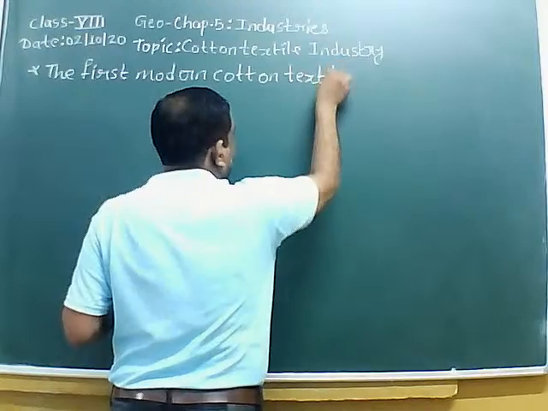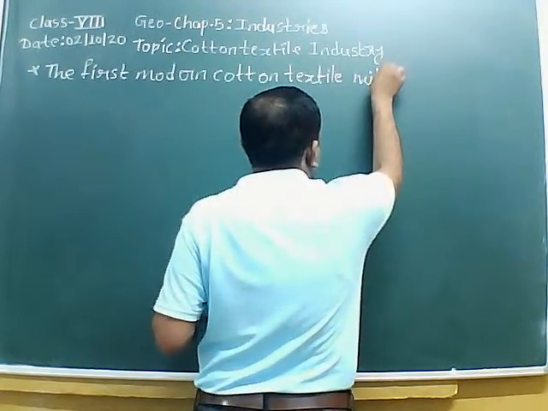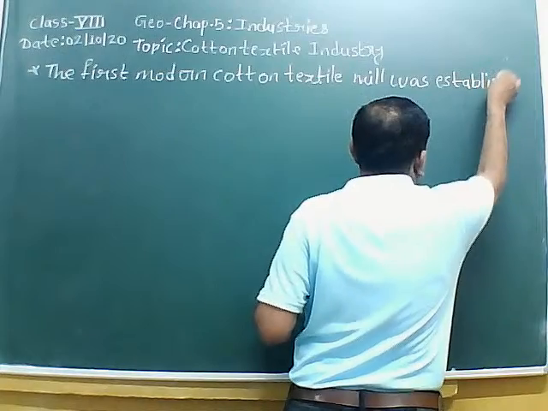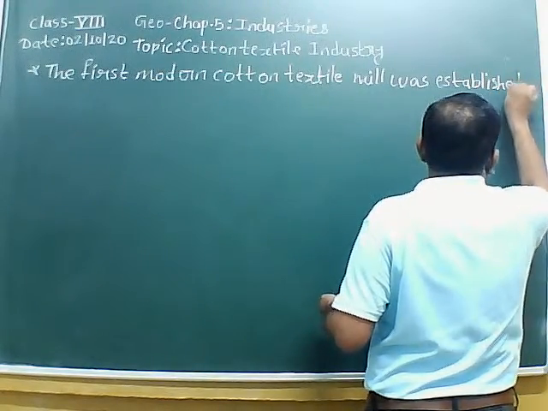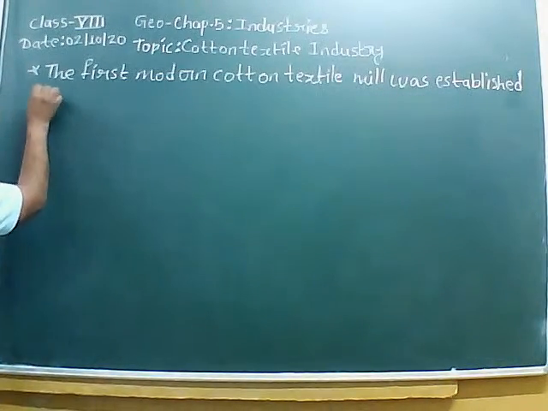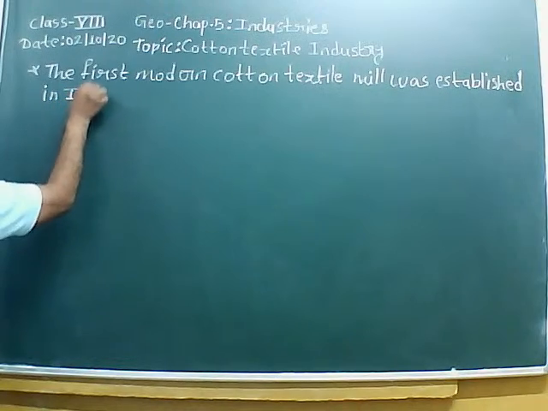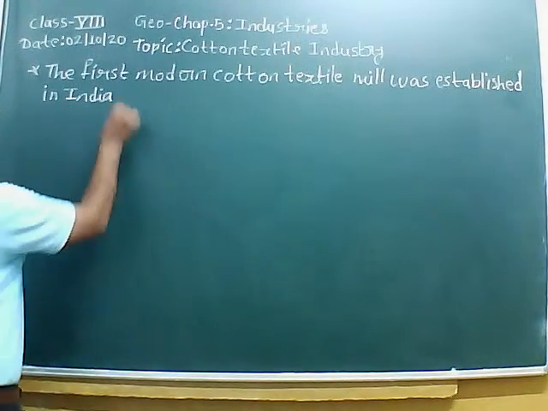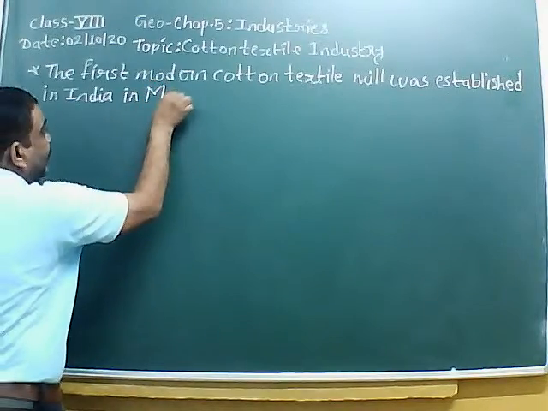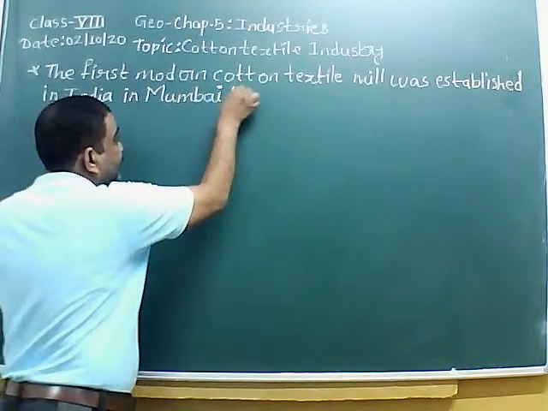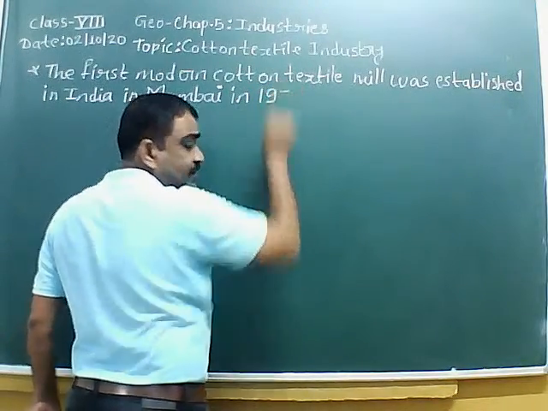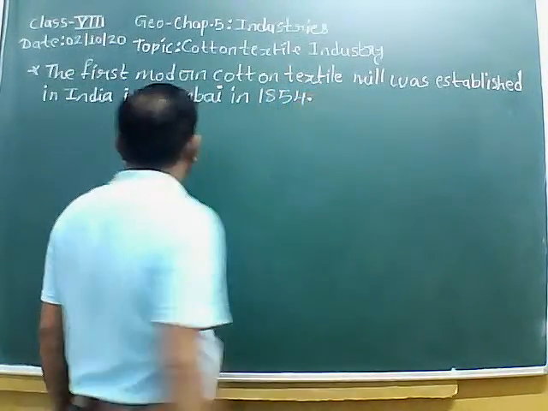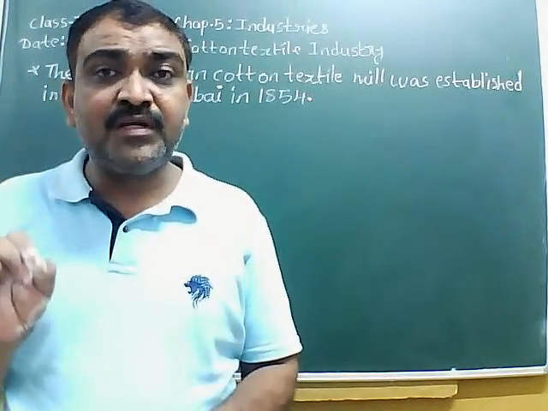The first modern cotton textile mill was established in India, in Mumbai, in the year 1854.